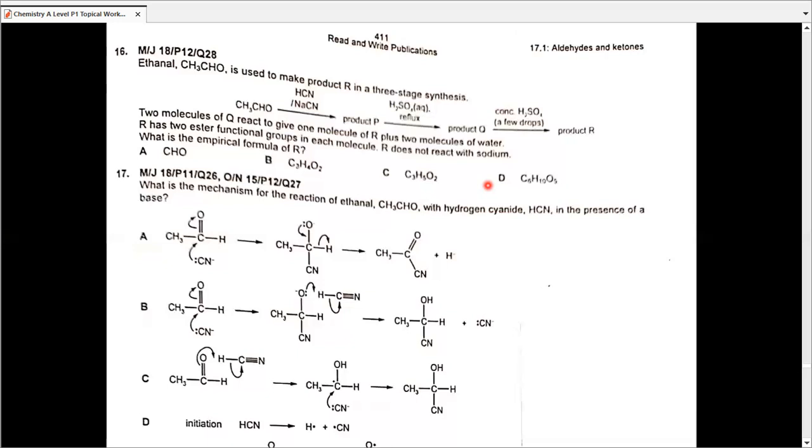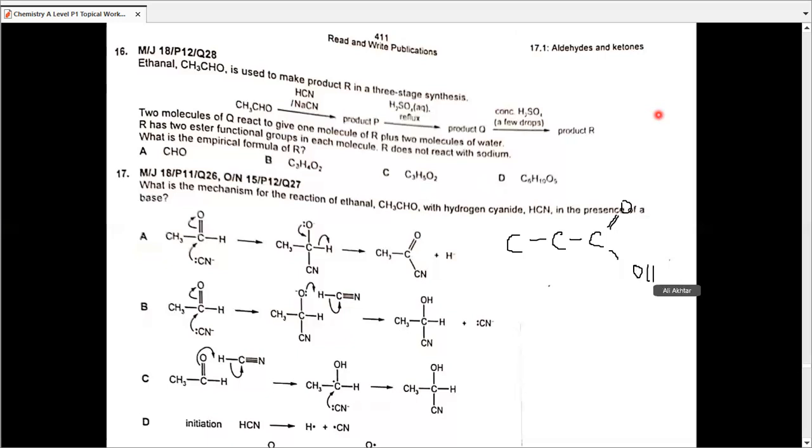So I'm getting C4H7O2 as the empirical formula. Okay. This is the Q which I got.